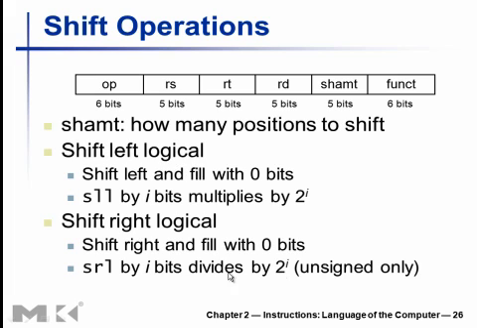This is for unsigned only, because if the leftmost bit is 1, that's negative, and if you shift right, then negative becomes positive, which is not okay. We'll deal with the sign bit later.